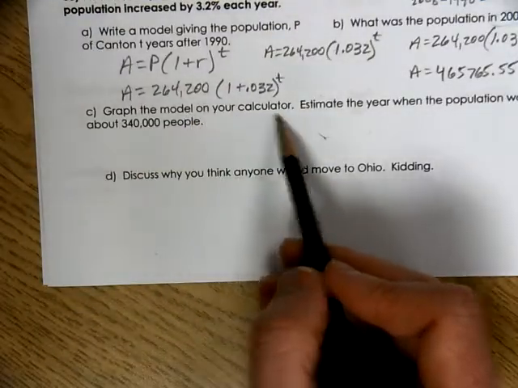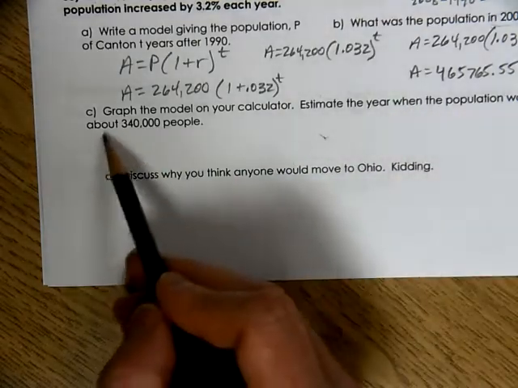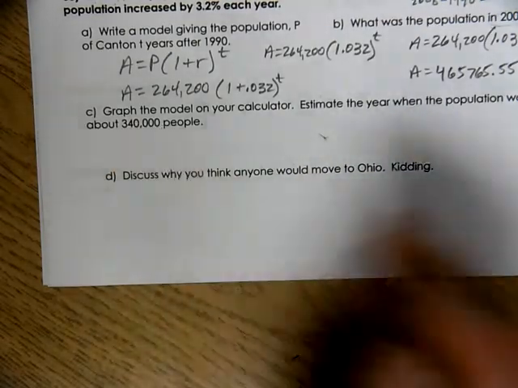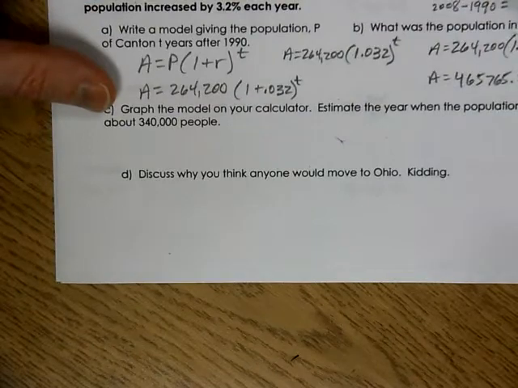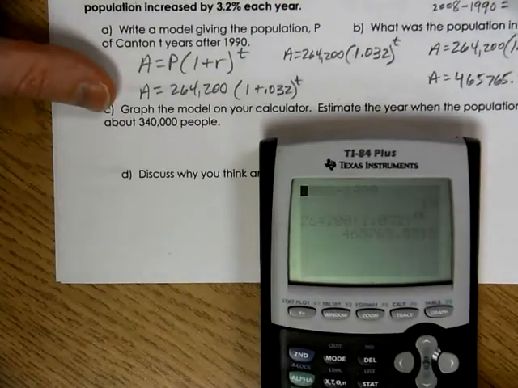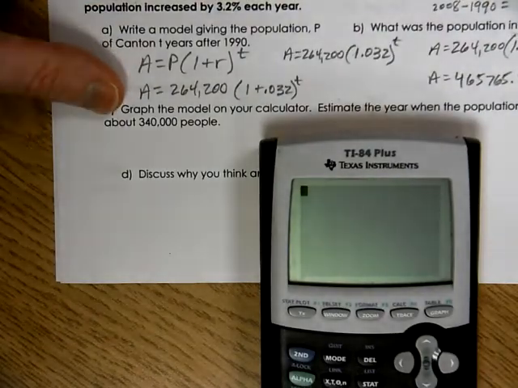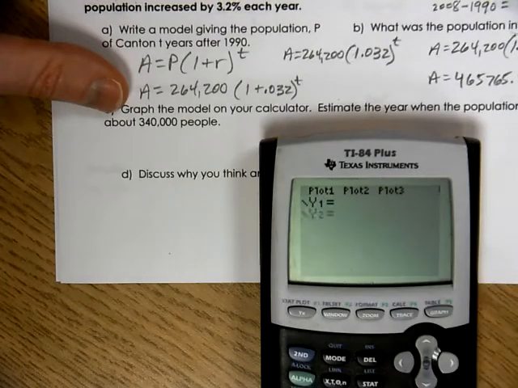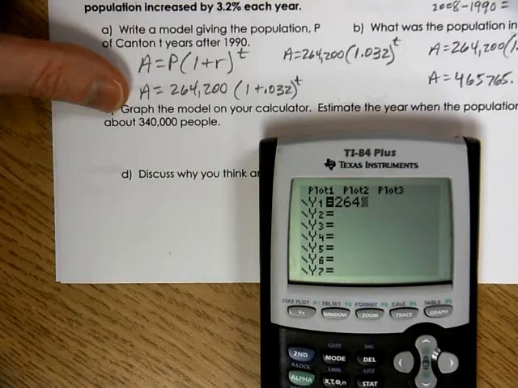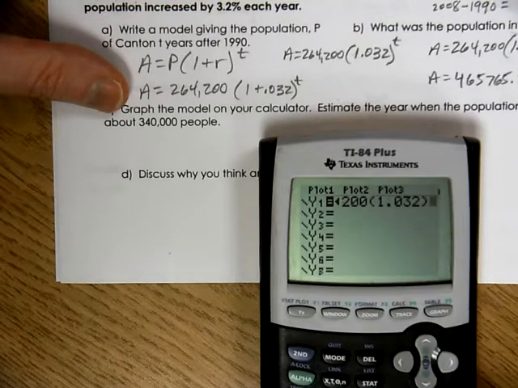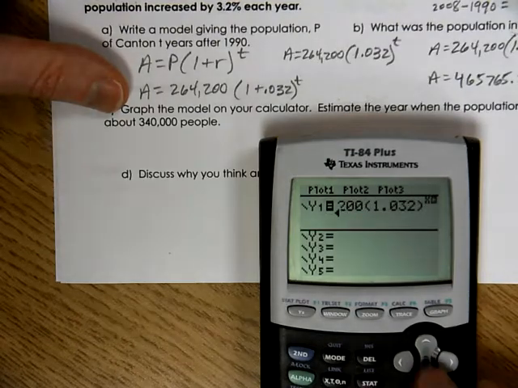Graph the model on our calculator. Estimate the year when the population was 340,000. When we put it into our calculator, we're putting in 264,200 times 1.032 raised to our x.